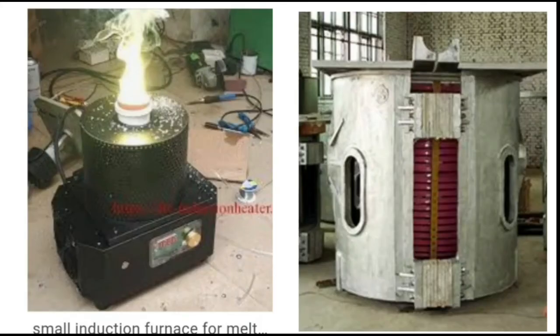So this shows simple diagrams of induction furnaces. The first one is a small induction furnace that can be used in the making of gold jewelry. And the second one is an induction furnace which can be used to melt a large amount of metal.